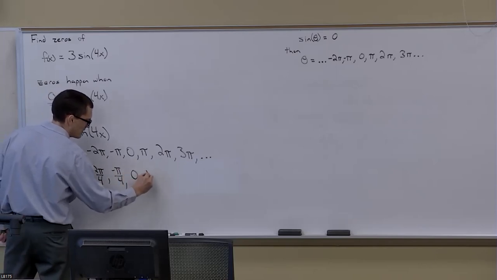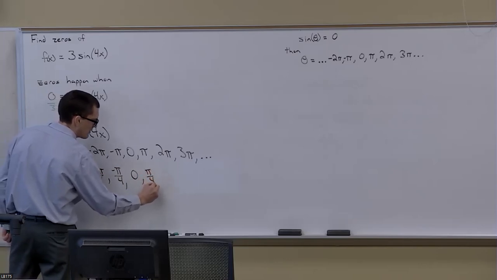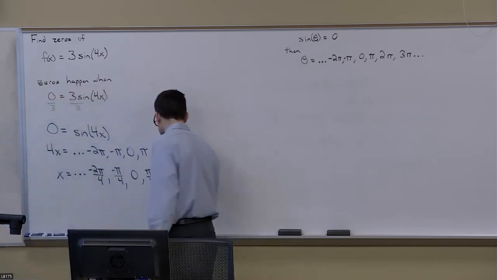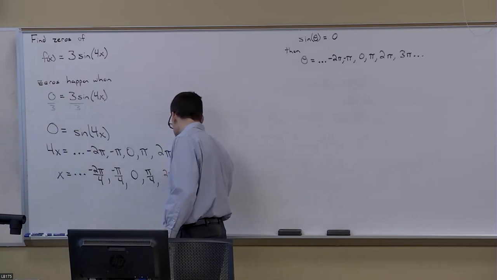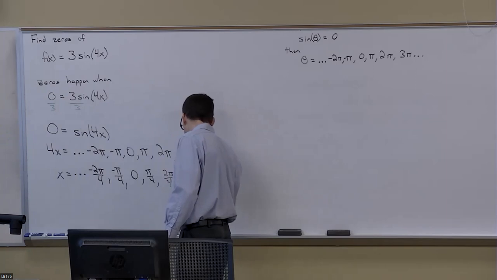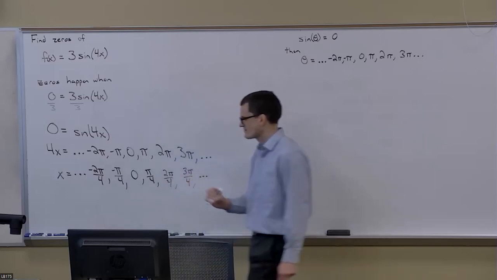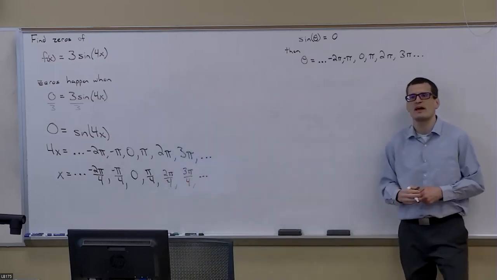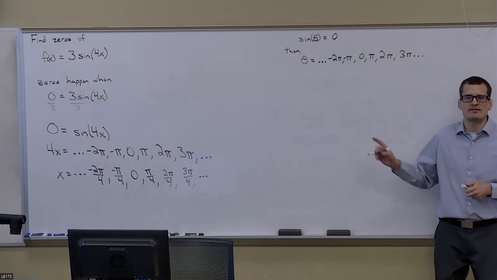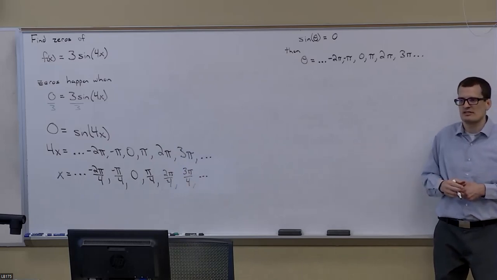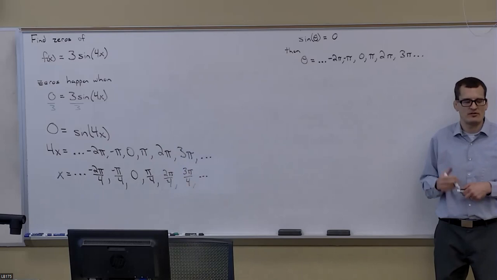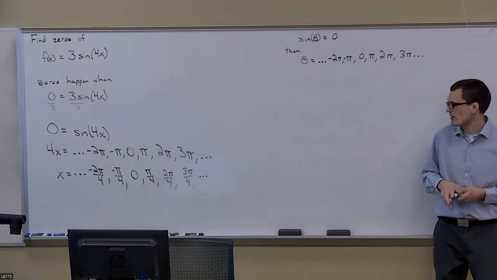Pi over 4, et cetera, et cetera. And you can keep going with that pattern as far as you want: 4 pi over 4, 5 pi over 4, 6 pi over 4, 7 pi over 4, as far out as I want.